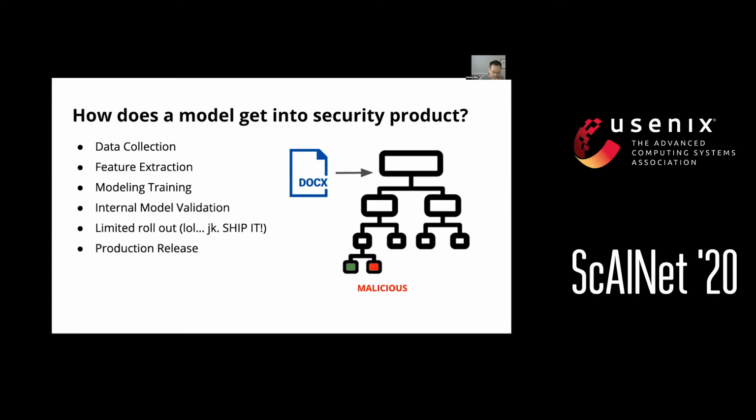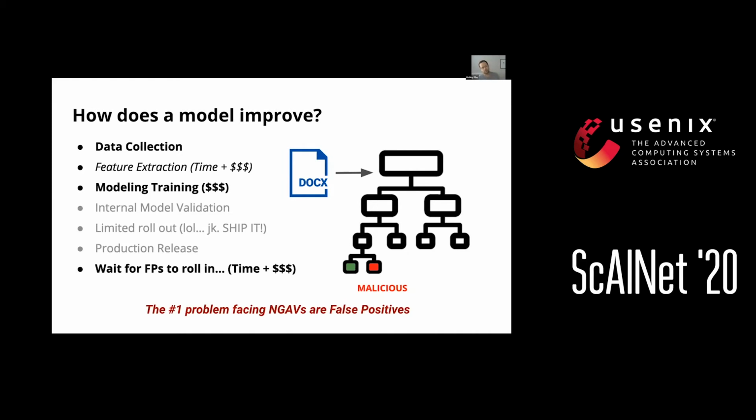Now, the question becomes, when those start getting used by users and you come across FP bursts, how do you improve your model after the first time it's gone out? You can collect more data. That's certainly an option.